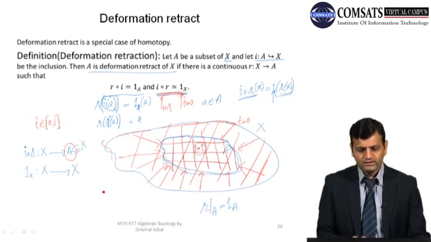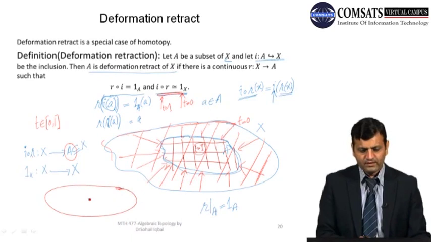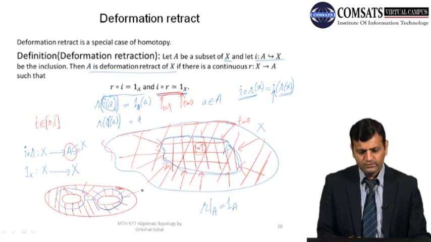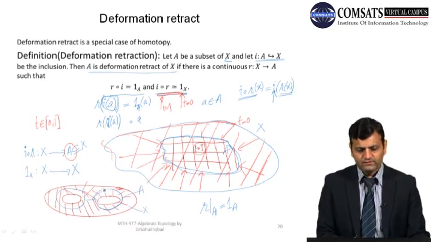Let's consider some simple shapes. For example, I have this planar region, and let's say there are two holes in this region. Consider this set. Let's say this blue is set A, and this red is set, let's say, X. Now we can define a deformation retract.